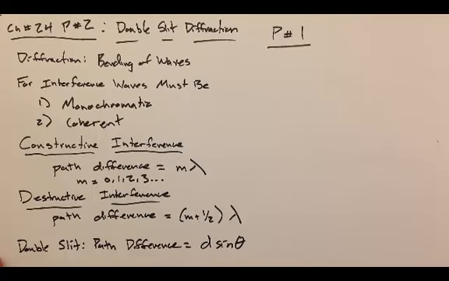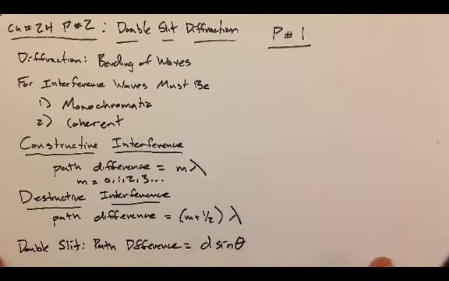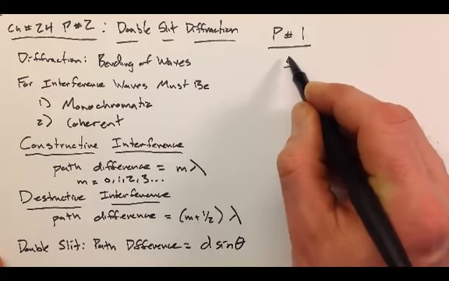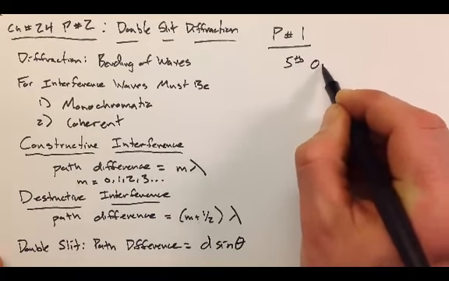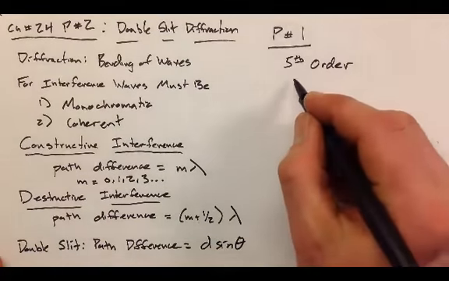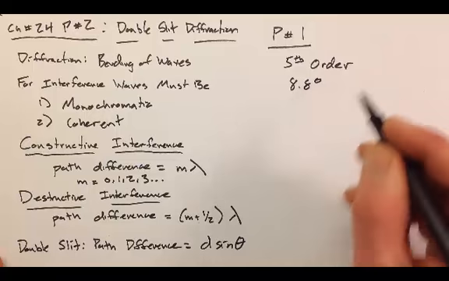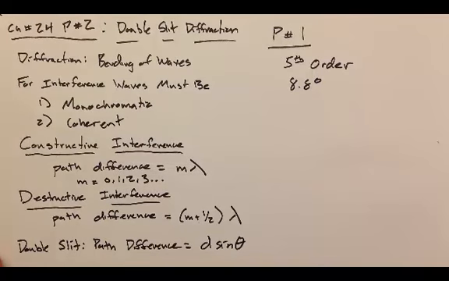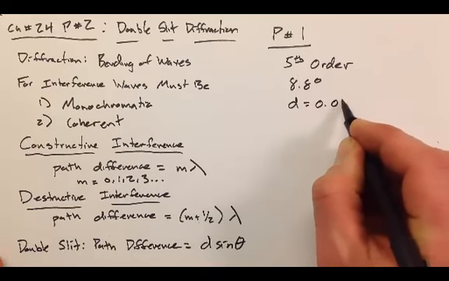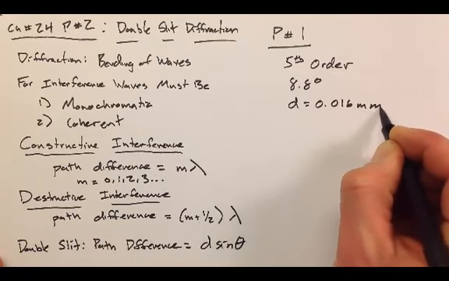All right, let's dive into problem 1. Problem 1 states that there is a fifth order interference fringe at an angle of 8.8 degrees in double slit diffraction, and the spacing between the slits is 0.016 millimeters.